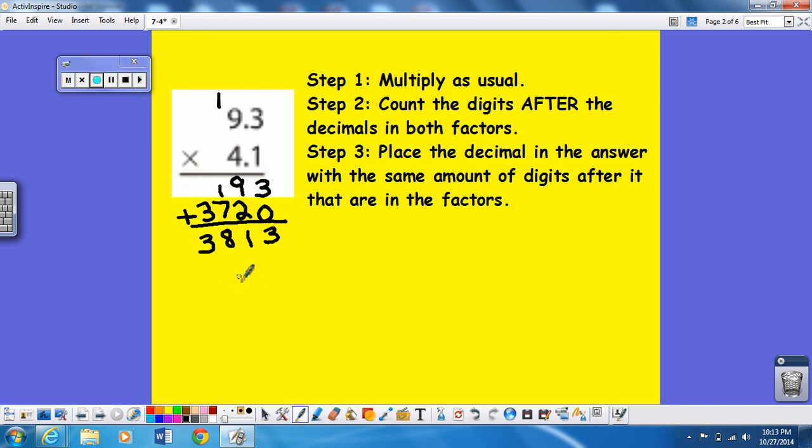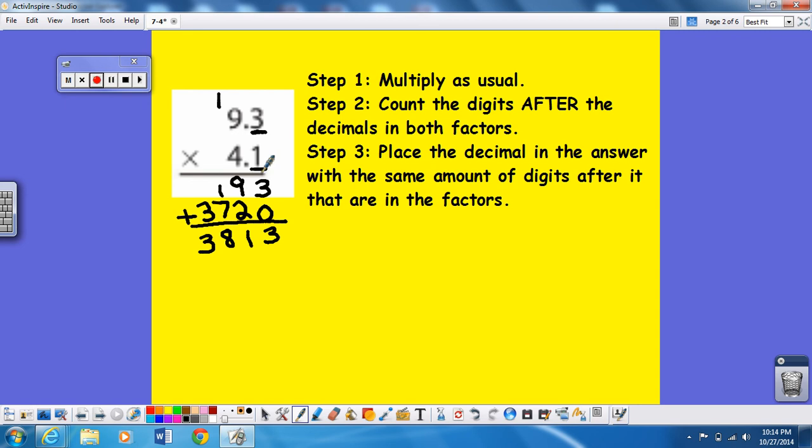Now, here's where step 2 comes in. We've multiplied the two decimals together. Now, once you have an answer, notice you don't have decimals anywhere, either in your partial products or in your final product. Here is where you look at the factors. Look at the two factors in the problem, and you're looking past the decimal. So I see in this factor, there's one number past the decimal.